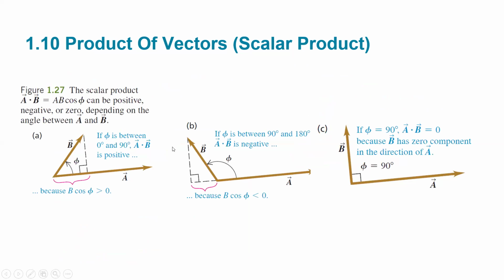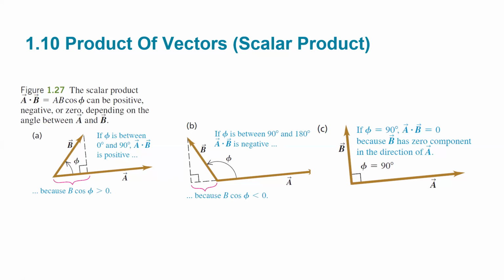Since we're using the cosine, if phi is between 0 and 90 degrees, a dot b is positive. If phi is between 90 and 180 degrees, we can expect that the scalar product is negative.